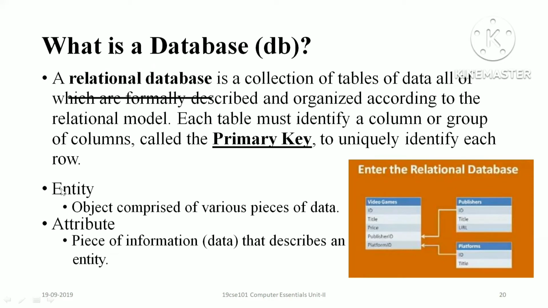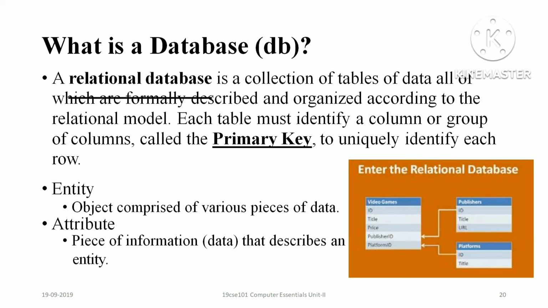This will be important in the ER model. When we make an ER model, we need to understand what entities and attributes are. Now let's talk about entities. An entity is an object comprised of various pieces of data, or we can say an entity is a thing or object in the real world that is different from all other objects.